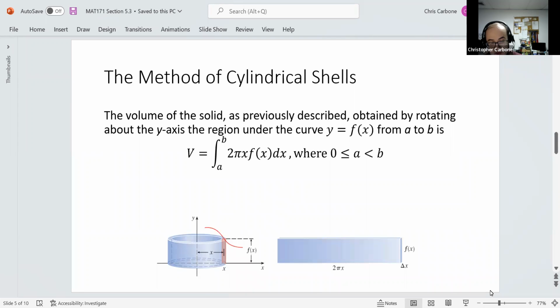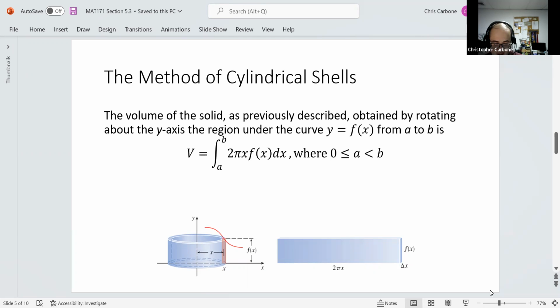So the method of cylindrical shells gives the volume of the solid, as described on the last slide, obtained by rotating about the y-axis the region under the curve y equals f of x from a to b as V equals the integral from a to b of 2 pi x times f of x dx, where a is greater than or equal to 0 and less than b.